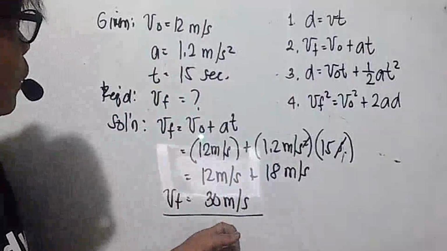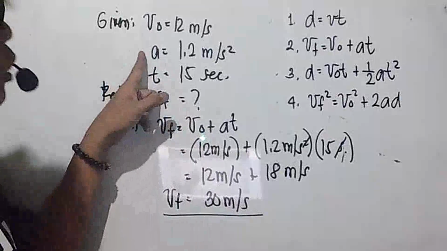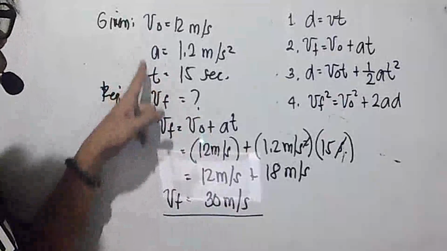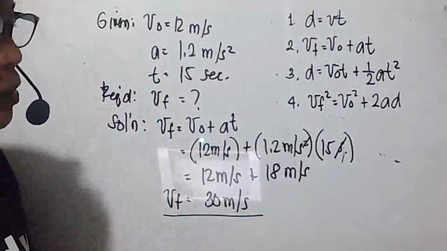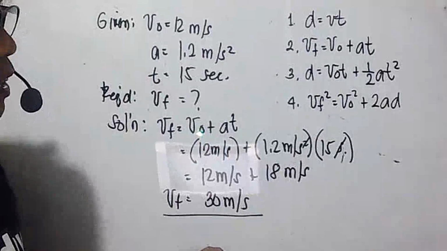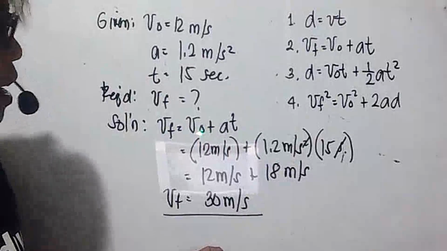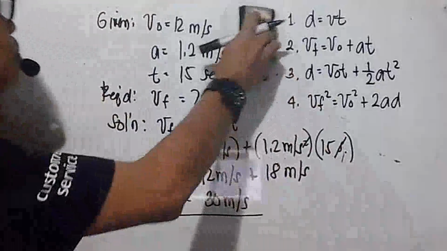It is now 30 from 12. After 15 seconds, if it accelerates at 1.2 meters per second squared, then its final velocity is equal to 30 meters per second. Okay, so hopefully this is clear. Okay, so next problem.